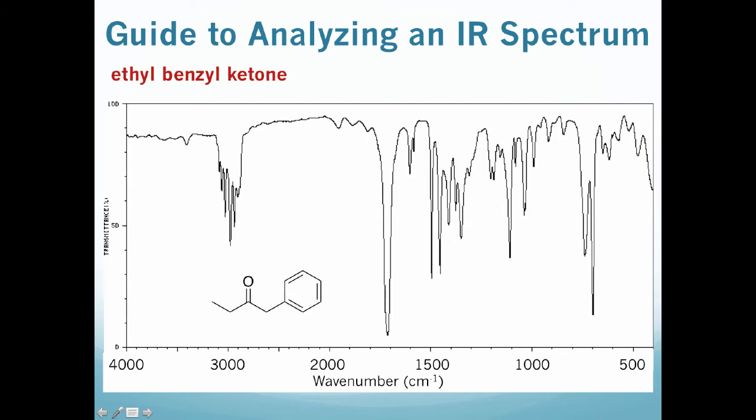Next we're going to look at the IR of ethyl benzyl ketone. And there's a number of things we can pull out of this spectrum. First, we'll do our basic cutoff here at 3000 wave numbers. To the left of 3000 wave numbers, these signals are our carbon sp2 hydrogen bonds, and although they're part of a benzene ring, they're still responsible for those stretches.